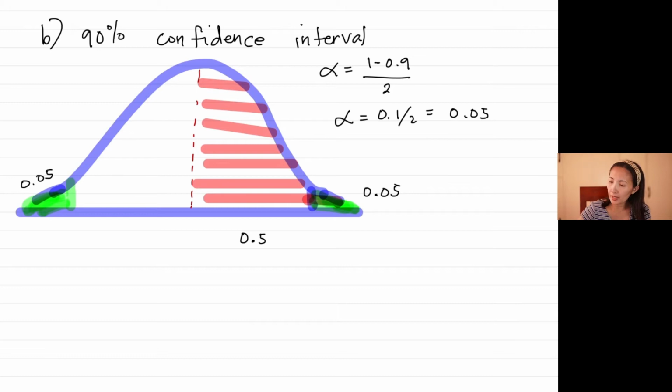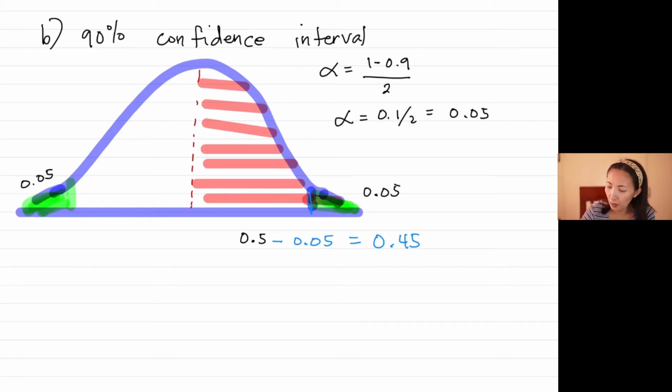But since we would like to find the area from here to 0, we subtract the small portion, the area under the tail, so minus 0.05, and 0.5 minus 0.05 is 0.45.